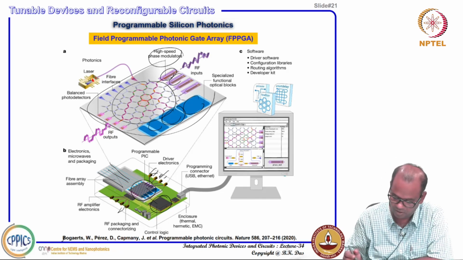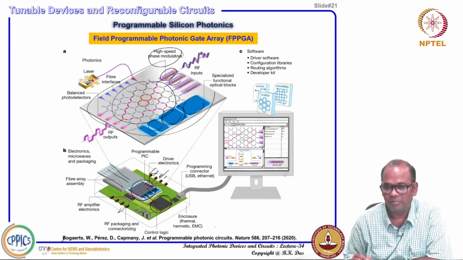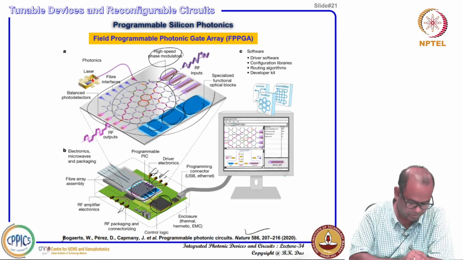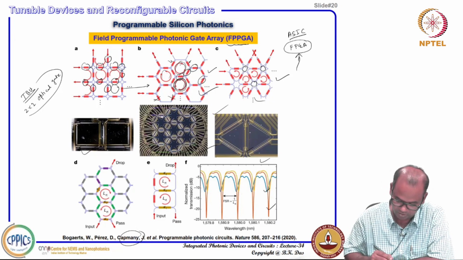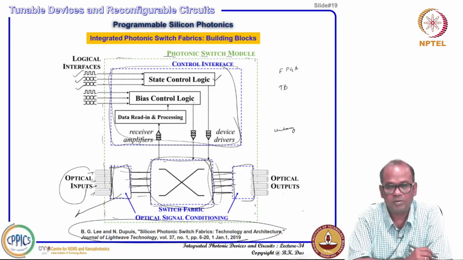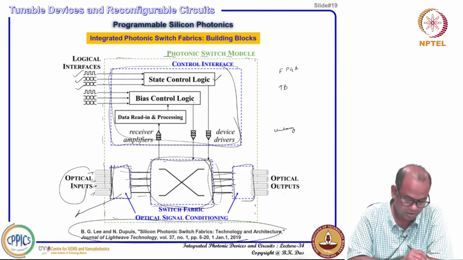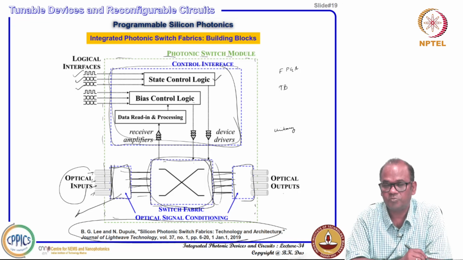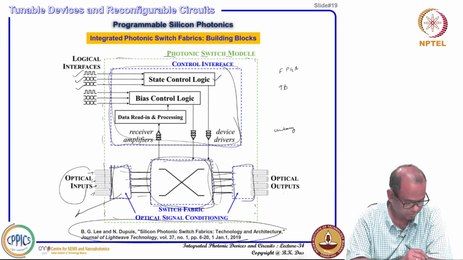So, you have to rely on the material you collect from recently published literature, for example, this Nature paper, and I also recommend you read this paper, which is a very nice paper, Switch Fabrics Technology and Architecture, and that other paper on field programmable gate arrays or programmable photonics, the Nature paper. That will give you a lot of insights into whatever I discussed, and much more you can learn from that paper. Thank you very much.